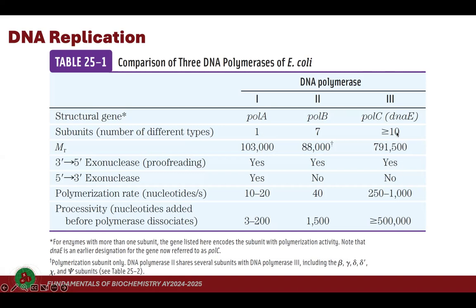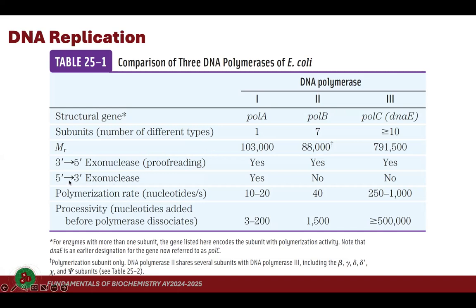So if we look at this table, there is what we call 3' to 5' exonuclease activity. If you recall, when we say exonuclease, this is the catalysis of removal or cleavage of the nucleotide in the 3' end of a DNA strand.